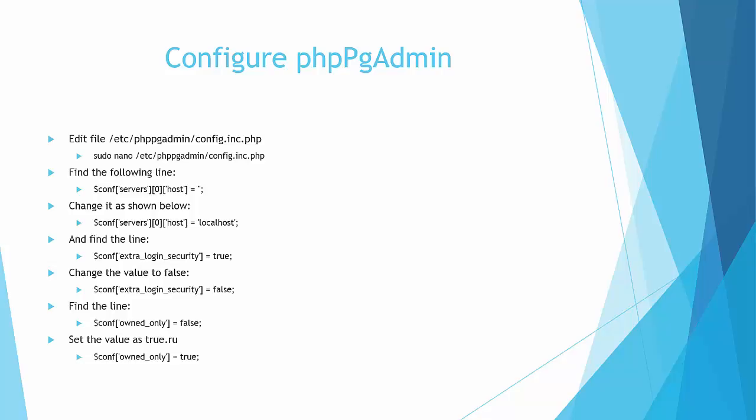And find the line for extra login security, which is true, and change it to false, because even though you installed phpPgAdmin, for security reasons it will not allow you to log into the system otherwise. And then find the line for owned_only and set it to true for the owner. This is to allow you to access the phpPgAdmin configuration as your own owner.